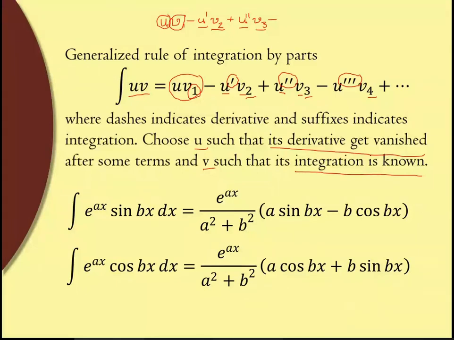Okay, and the formula for the integral of e raised to ax cos bx will be e raised to ax upon a square plus b square, a cos bx plus b sine bx. Okay, already in M2 we used that. Just recall that if you have the product of e raised to ax and a sine or cos term, then making use of these formulas we can get the answer.